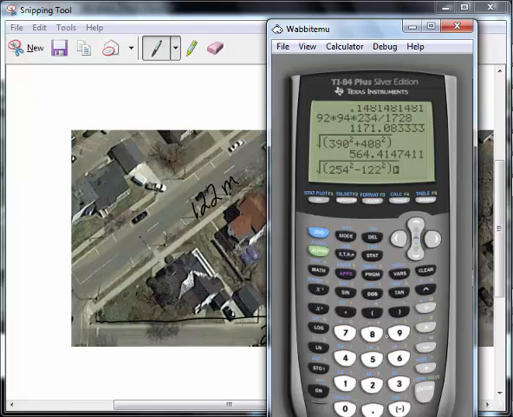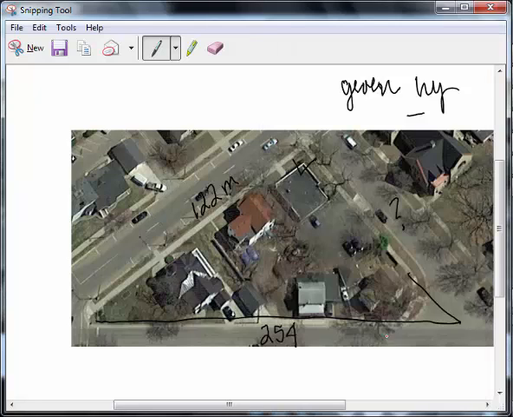Close parentheses, and we get 223 meters. And if you notice, it is a little longer. It doesn't appear that way because the corner is cut off there. But that's how you do that one there also.